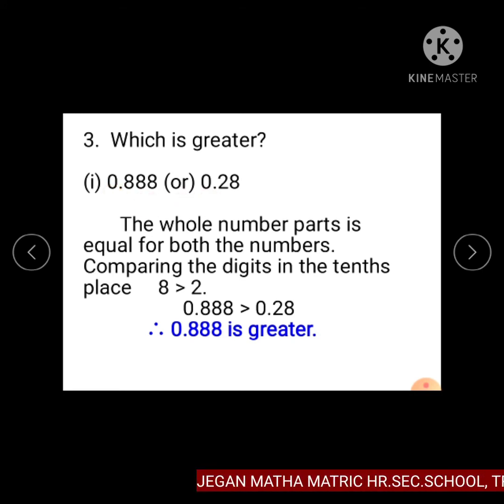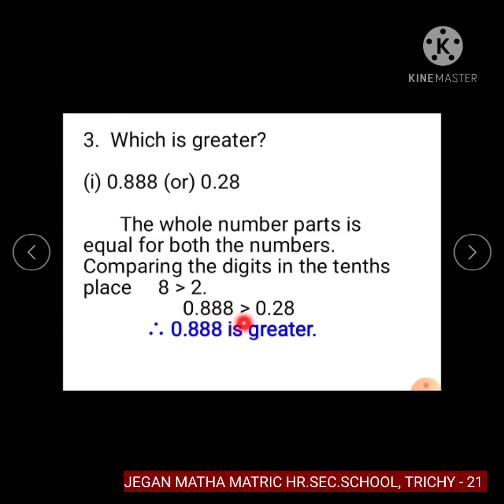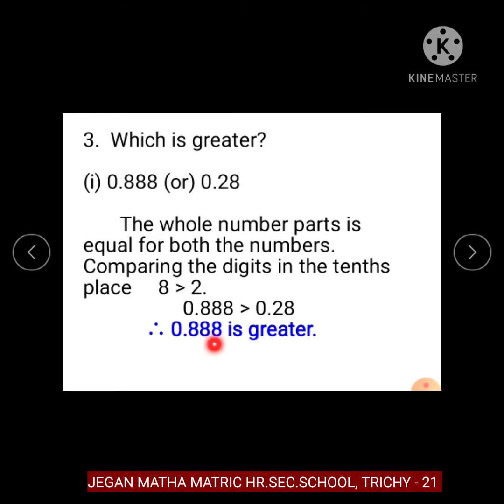And then comparing the digits in the tenths place, we get 8 is greater than 2. Therefore, 0.888 is greater than 0.28. Therefore, 0.888 is the greater number.